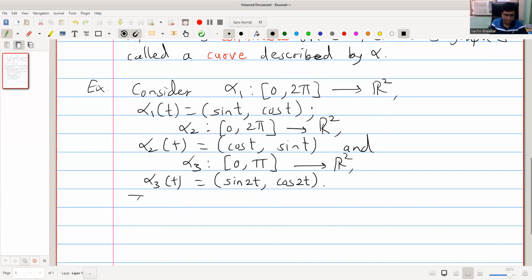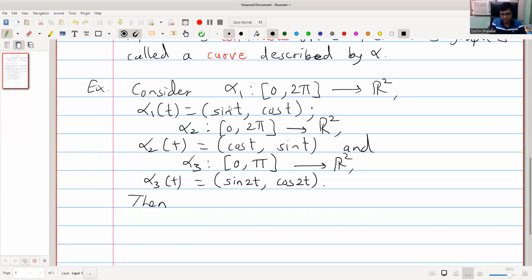Then all these functions alpha 1, alpha 2 and alpha 3 will trace a curve in R2. It is nothing but a circle centered at origin and radius equal to 1.